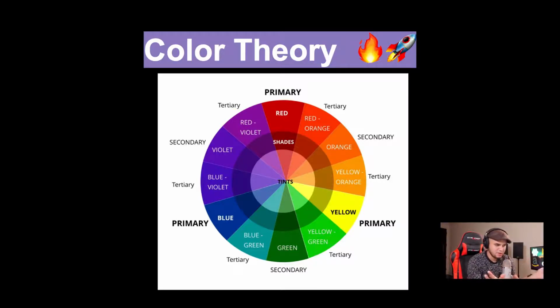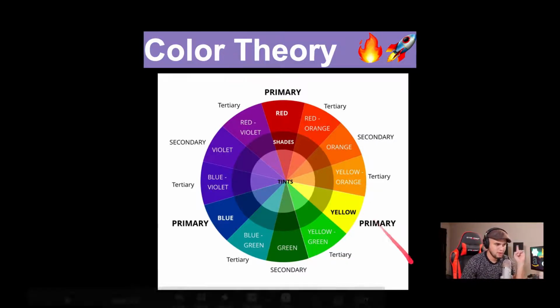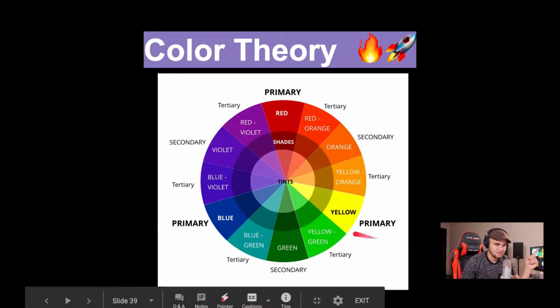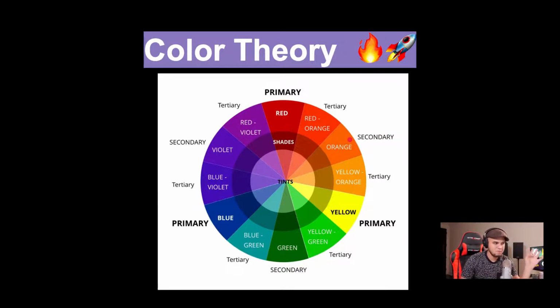The three primary colors are just red, blue, and yellow. All colors are based out of those colors. If you mix red with yellow, you get orange, a secondary color. But if you mix a primary color, red, with a secondary color, orange, a primary mixed with a secondary gives you a tertiary color.